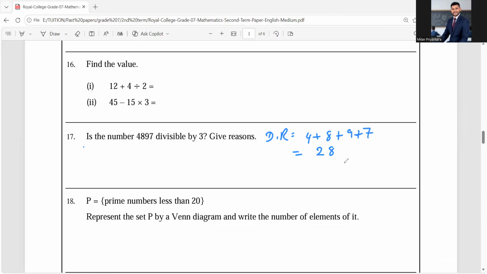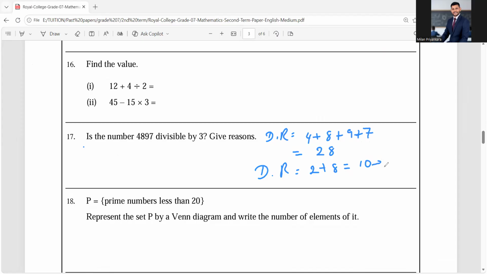Okay, I hope you understand this, right? Now we'll find the digital root again, because we have two digits. 2 plus 8 is equal to 10.